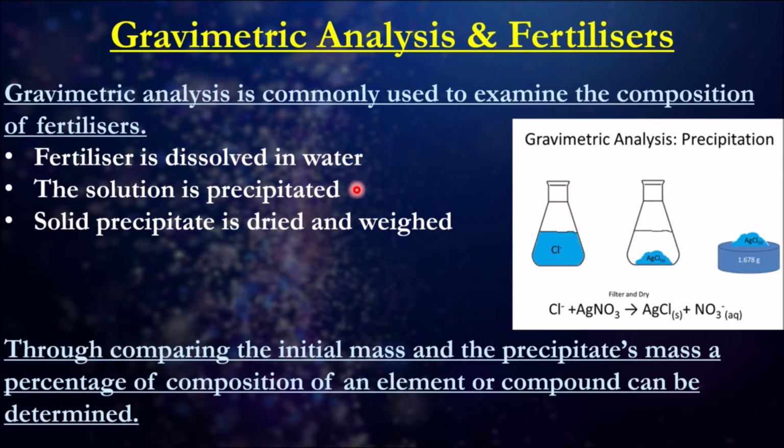Dissolved in water, precipitated, dried and weighed precipitate. If we compare the initial mass and the precipitate's mass as a percentage of composition of an element or compound, we can then determine the exact weight or the exact percentage that was originally in the compound that we were looking at.